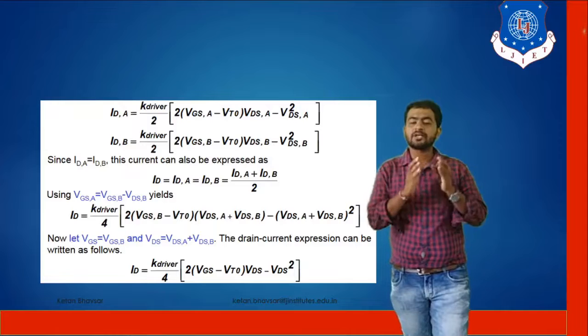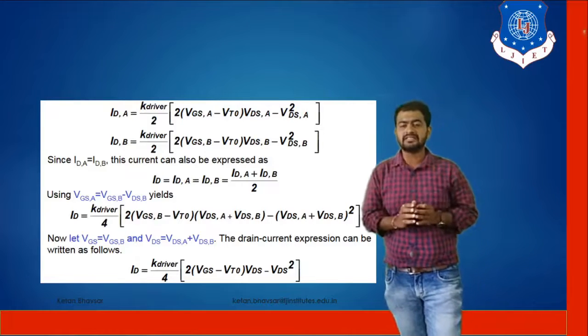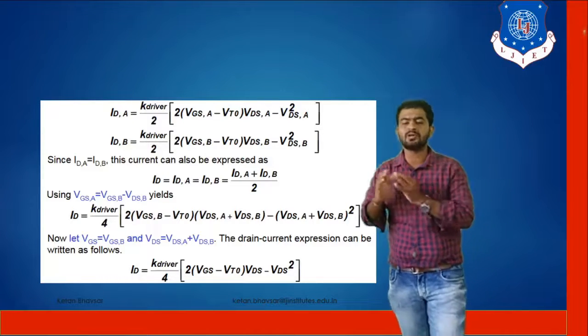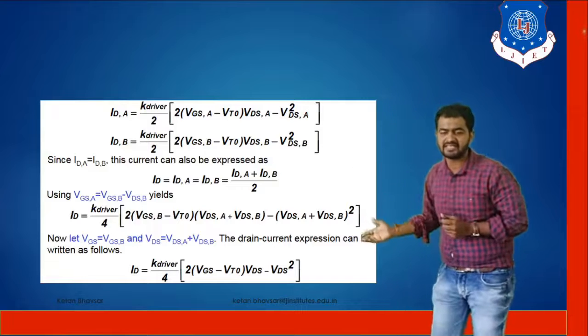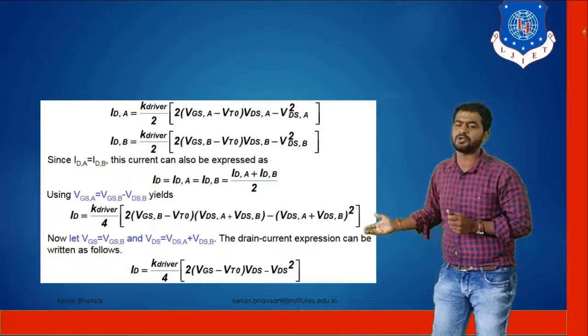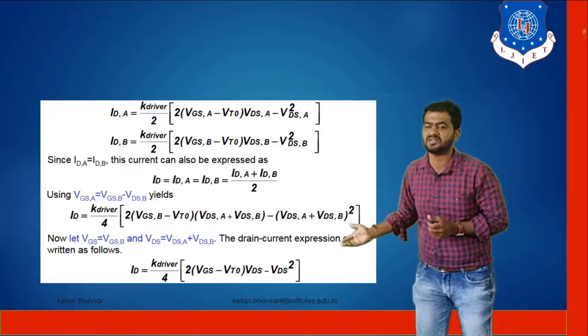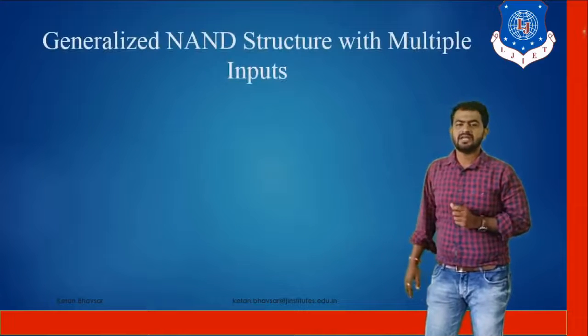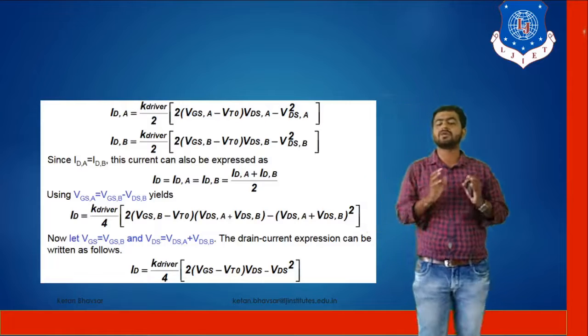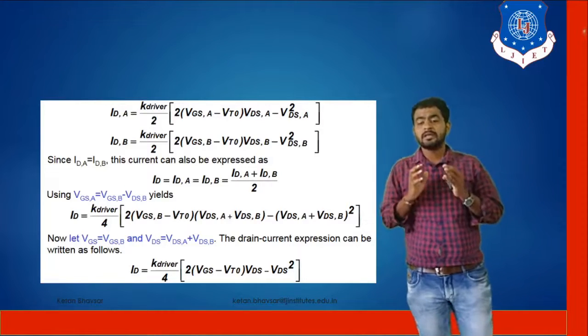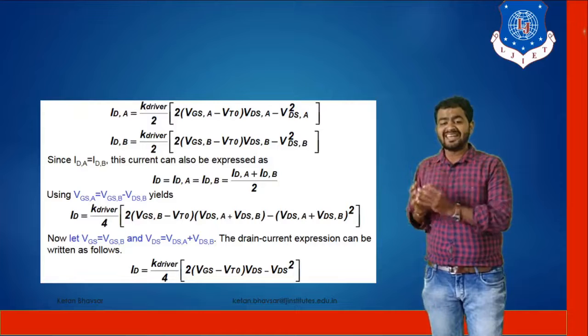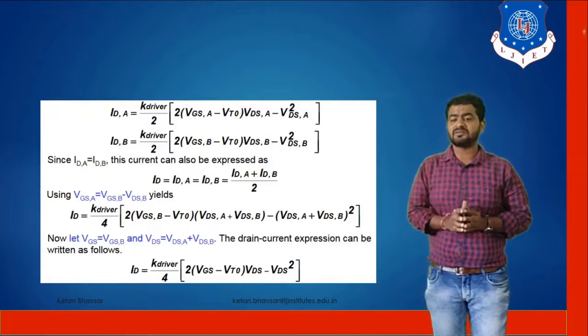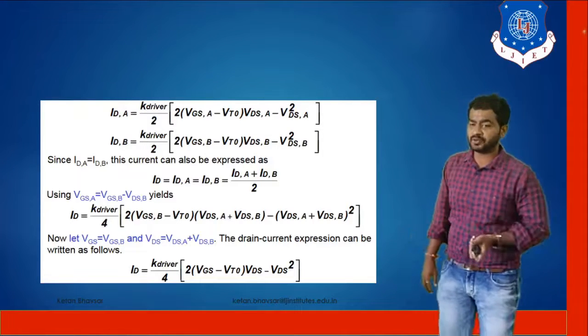For simplifying the total drain current in terms of the two-input NAND gate, we have ID is equal to K driver divided by 4 into [2 into (VGS − VT) into VDS minus VDS square]. This generalized equation plays a main role when we talk about two-input NAND gate configurations in terms of drain current.